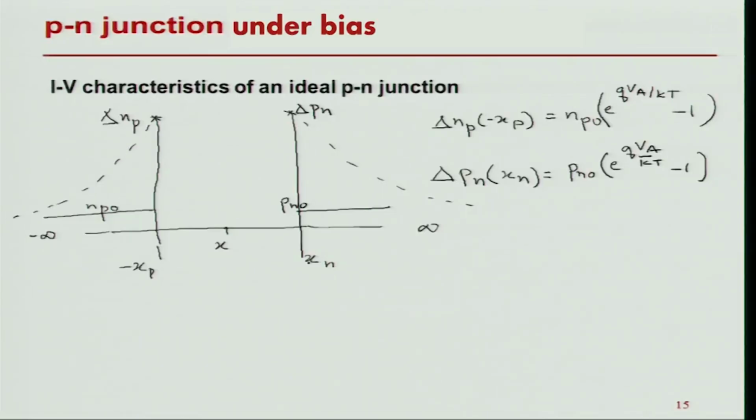So, I have two boundary conditions, one at the edge of the depletion zone and one at infinity, on the P side as well as the n side. Now that I have the boundary conditions, all I need to do is solve the differential equations that we have set up for P and N type. So, let us solve it for the N region.